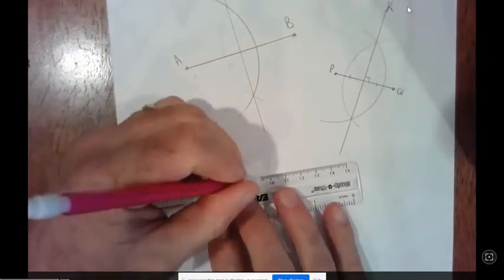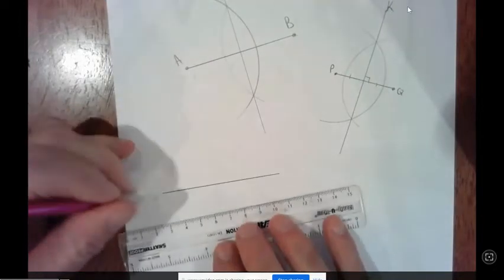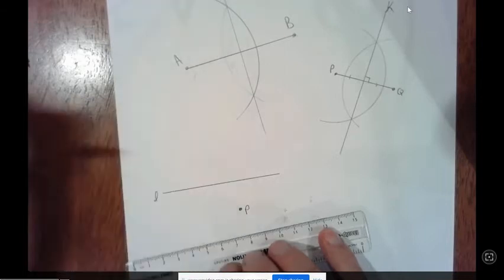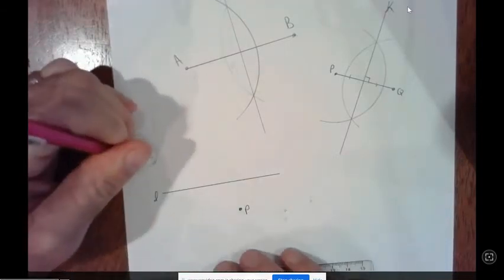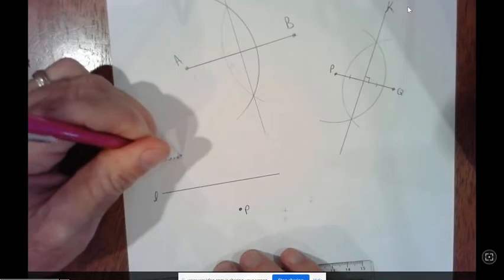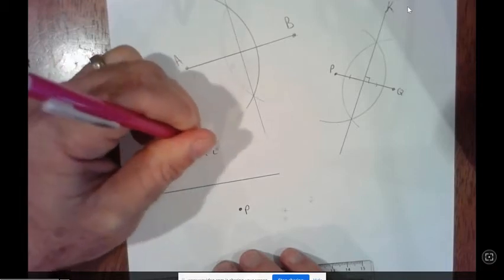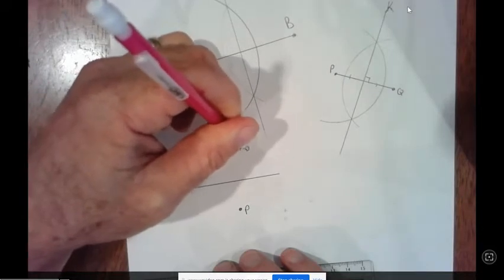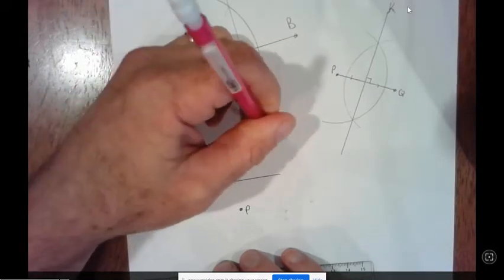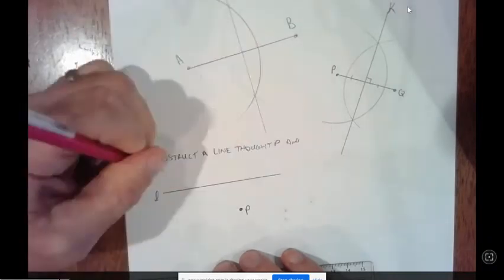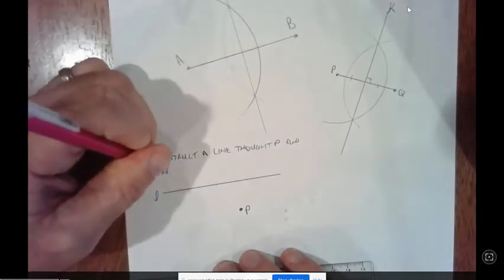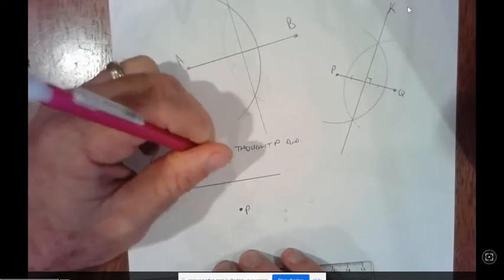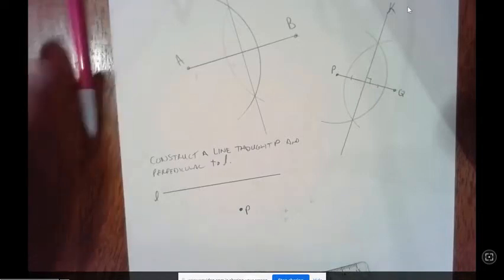So if we have line L and a point P down here that's not on L, we want to construct a line through P and perpendicular to L. Okay, and so the steps go like this.